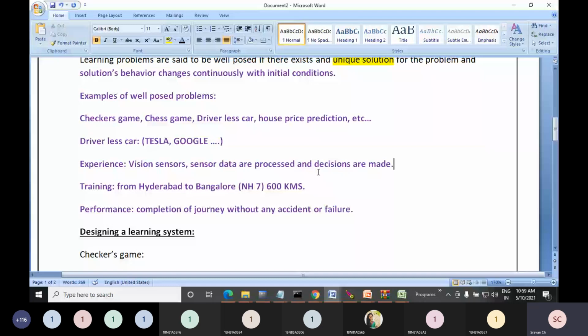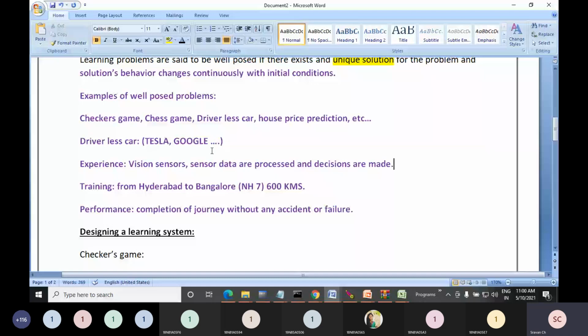Such big companies, Tesla and Google, even they failed to complete this autonomous car project. Of course, in the near future we will be seeing autonomous cars in our country also. As of now, it was not successful from a performance point of view, and people are still working on it. But this is what experience, training and performance are.